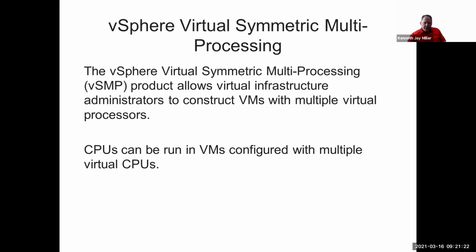All right. We can also, there's a product called the vSphere Virtual Symmetric Multiprocessing. And this allows virtual infrastructure administrators to build virtual machines with multiple virtual processors. Now, CPUs can be run in VMs configured with multiple virtual CPUs.